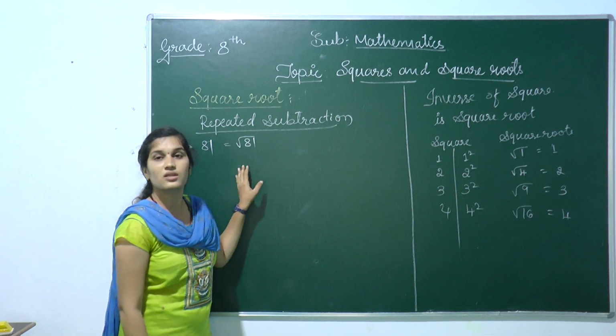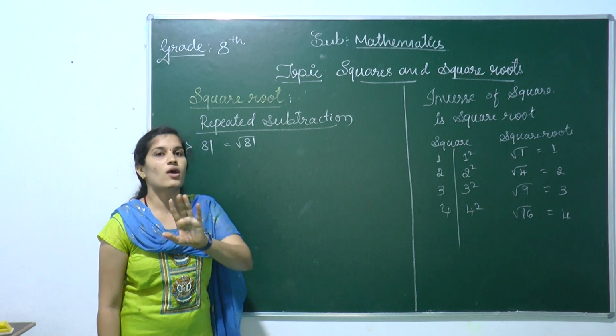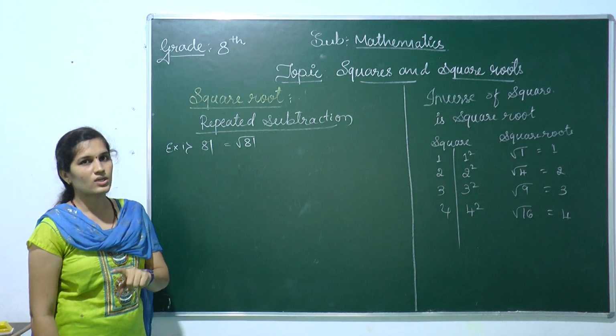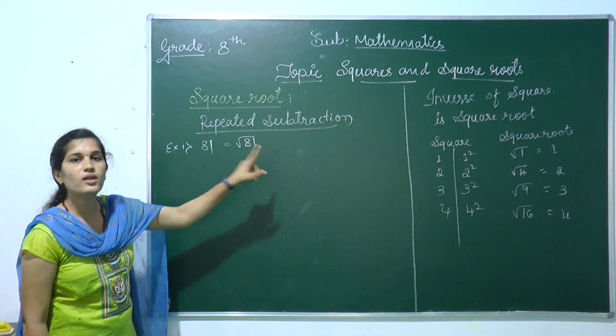We should subtract from the given number by repeated subtraction only with odd numbers. Already you know what an odd number and an even number are. So only with odd numbers we should go on subtracting.